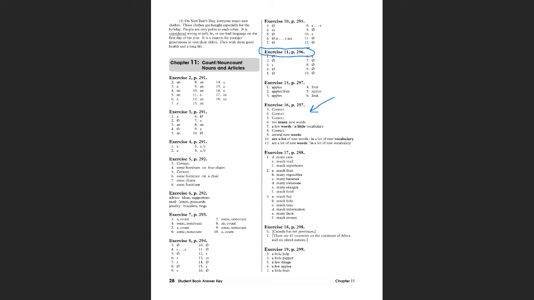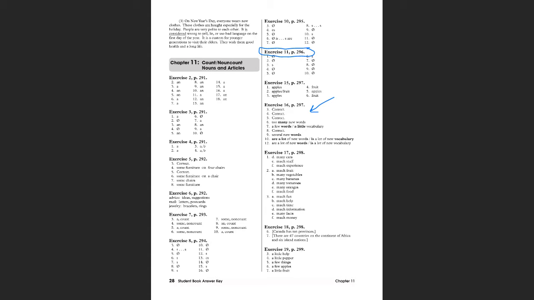Okay, that's good. So I will continue here. Number 8 is correct. Number 9, several new words with an S. Number 10, we need to change the verb here because it has to match singular with non-count or plural with count.